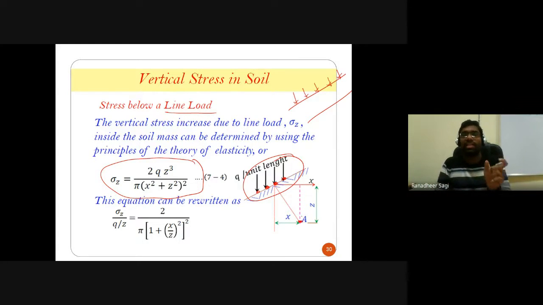The point A that we are trying to choose is below the ground surface at a depth of z meters, and in the x direction, point A is at a distance of some small x. And q here refers to the intensity of that line load.